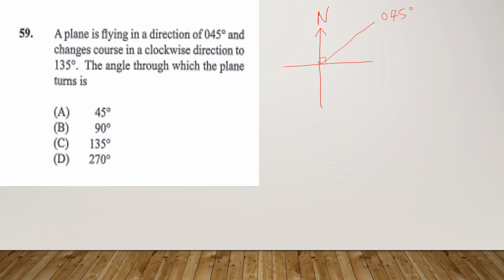And it moves to 135, so that's a little bit down here, 135. So the angle through which the plane turns, we have to subtract 45 from 135. 5 minus 5 is 0, 4 from 13 is 9. So it turned 90 degrees.